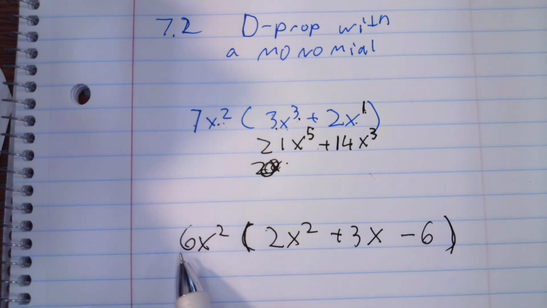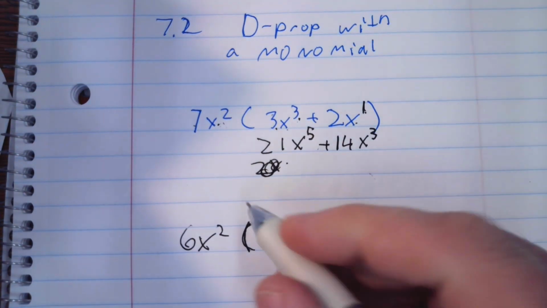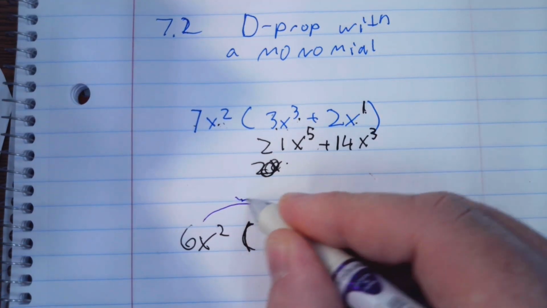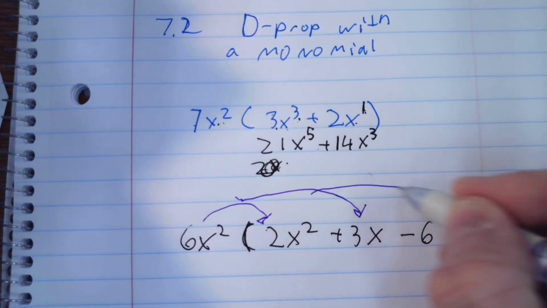So you basically just got to be careful, but again, it doesn't take a lot of work to show here. I'm not showing a lot because I could draw the arrow. I'm doing this times this, this times this, and this times this.